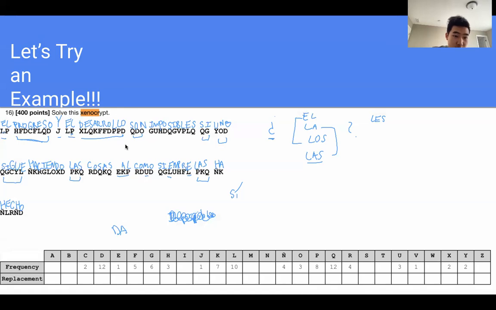So I'll just read it off. El progreso y el desarrollo son imposibles si uno sigue haciendo las cosas tal como siempre las ha hecho. So basically, progress and development are impossible if one, as in one person, continues doing things like they've always done. That's basically what it's saying.